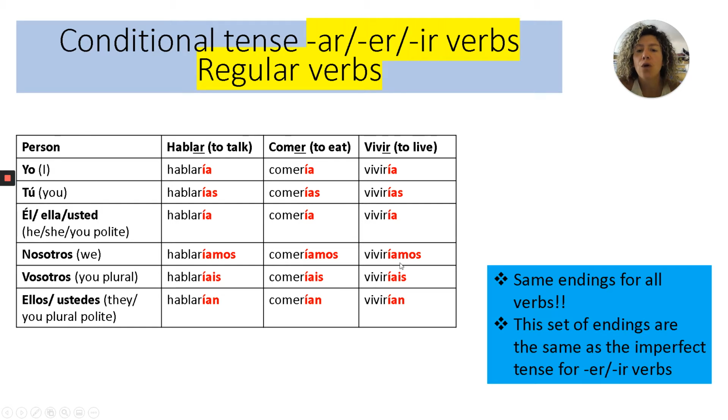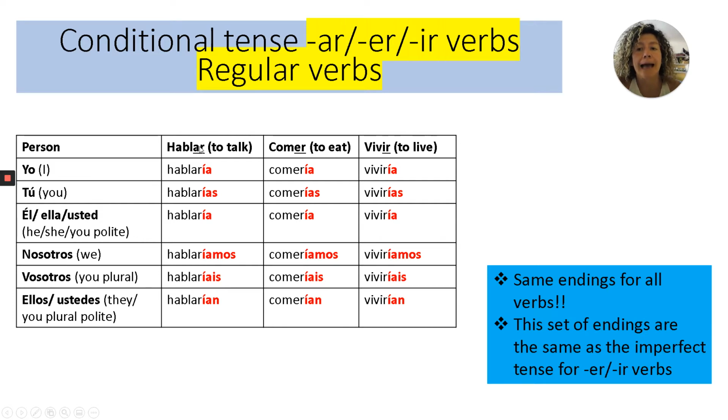I've put all of this in already because we have seen it before, so you're very familiar with it. In the first column we've got the people we're going to conjugate the verb for: yo, tú, él, ella, usted, nosotros, vosotros, ellos, ustedes. And in the second column we've got hablar, to talk.